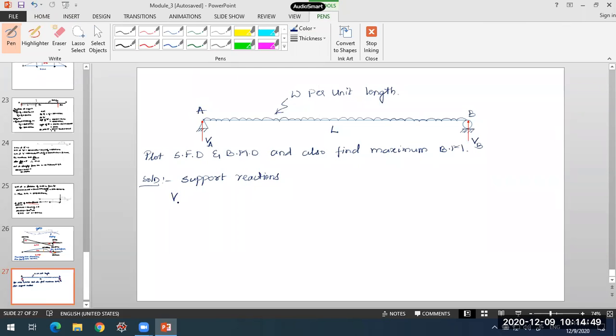So VA and VB will be equal to W into L divided by 2.